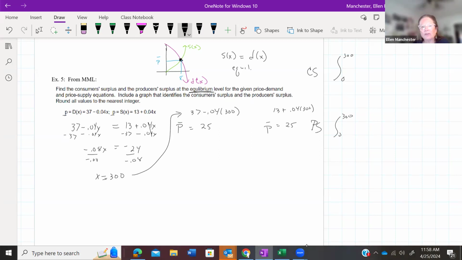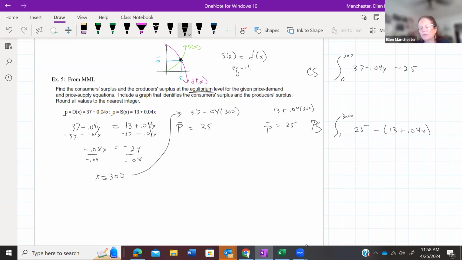So now with consumer surplus, now I have all the information. So remember, it's the demand function minus the price. For producer surplus, it's the price minus the function.